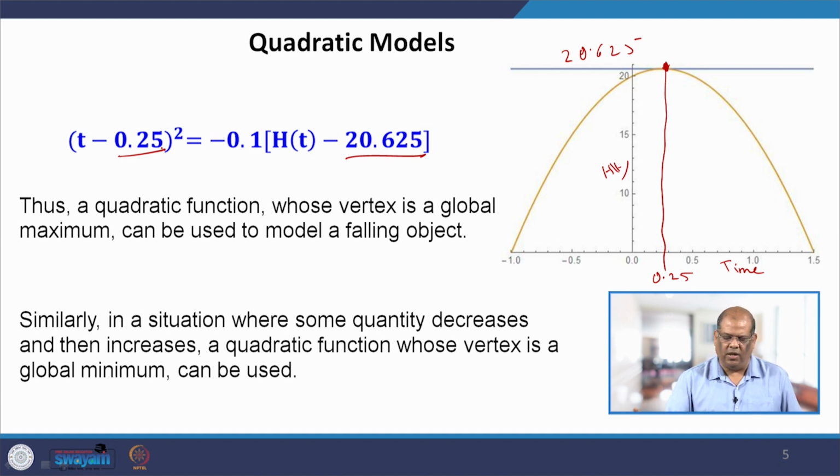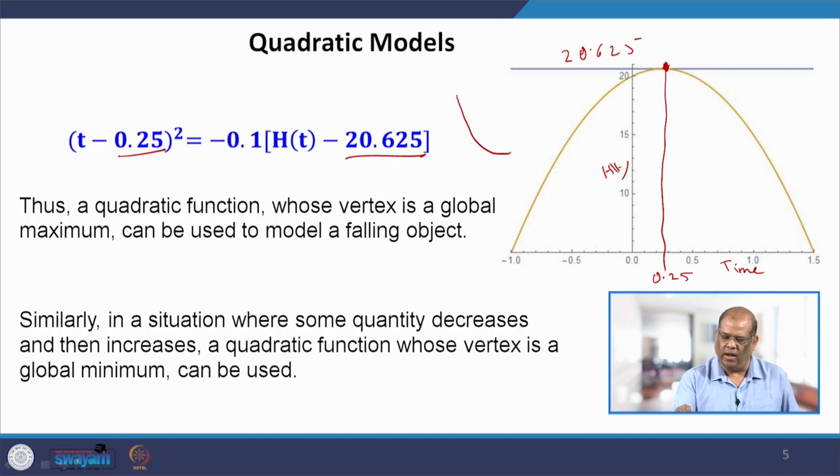In a similar situation, where some quantity decreases and then increases, if you get something like this, you can reach a global minimum at this particular point. So, this quadratic function is used where you want a global maximum or a global minimum.